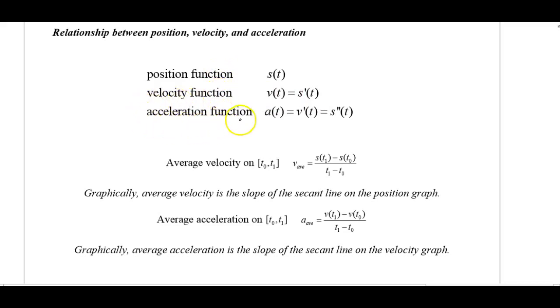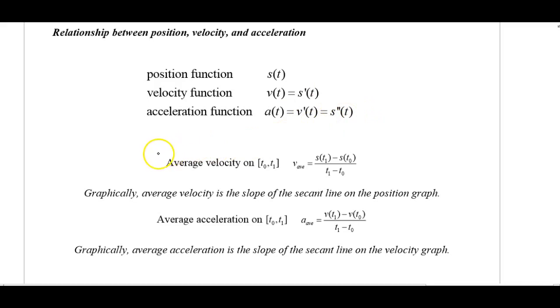Now, if we're interested in the acceleration function a of t, then we have to take the derivative of velocity, which is equivalent to taking the second derivative of the position function. So the derivative of the position function is the velocity function. The derivative of the velocity function, or the second derivative of position, gets me to acceleration. This is a very important relationship to understand.